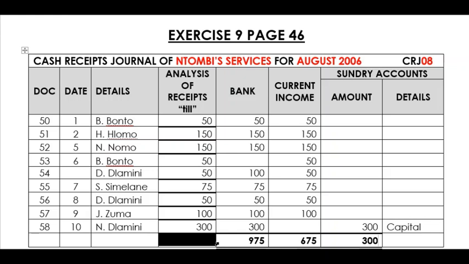This says that the total amount in our bank that we have received from customers this month is 975 Rand, and then it just specifies that 675 Rand of that 975 was for rendering services, so we received current income, and another 300 Rand was received for something else. In this case, the something else was capital.